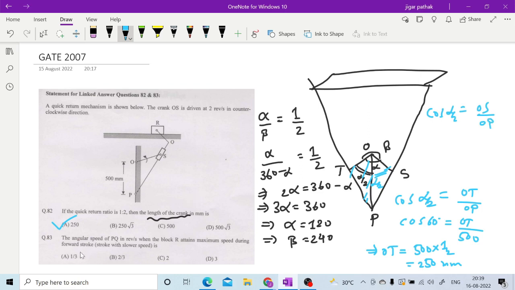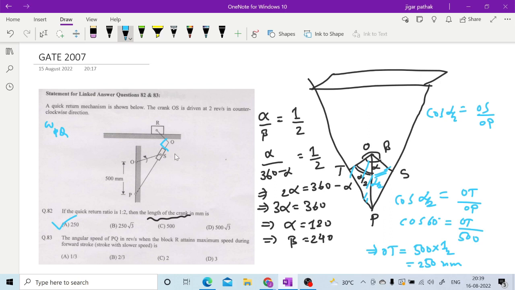Yes, sir. Okay. Now the next thing asked is to find the angular speed of PQ. So omega PQ you need to calculate, when R is going to attain the maximum speed. R attains the maximum speed when these two links are perpendicular to each other.